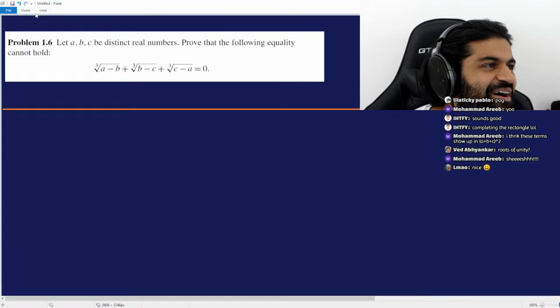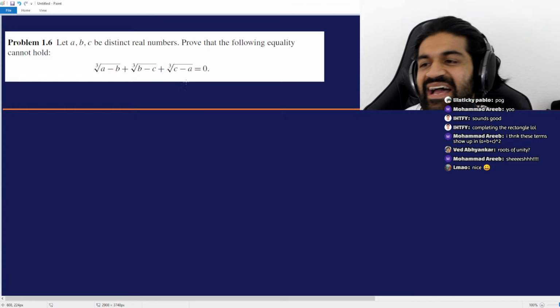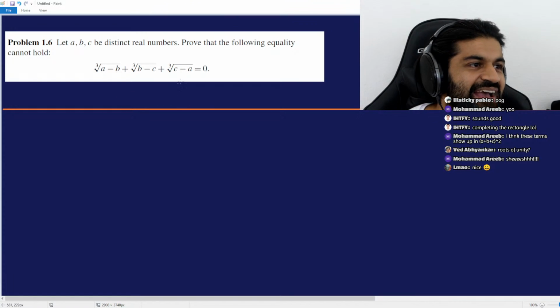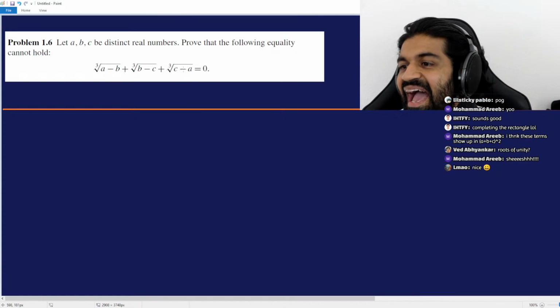So we already know that the magic fact that we have on our hands is that if 3 things add to 0, then their cubes add to 3 times their product, right? Of course, A minus B and B minus C and C minus A, in fact, most certainly add to 0, right?